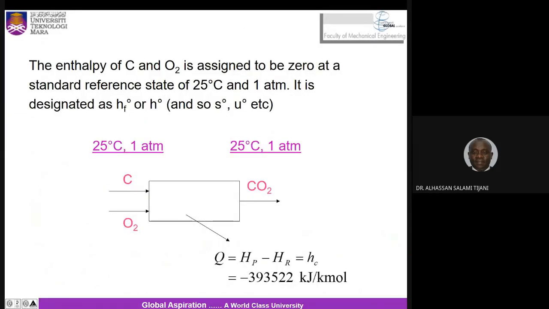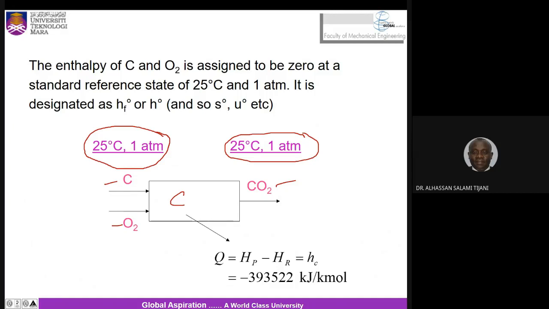So now we have a combustion situation where carbon reacts with oxygen and forms carbon dioxide. The reactant is going into the combustion chamber at standard reference state, and the product also is at standard reference state.